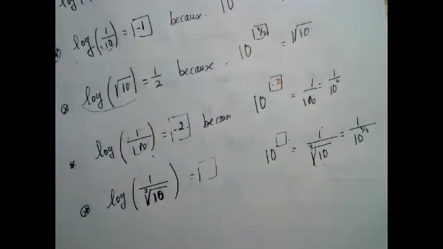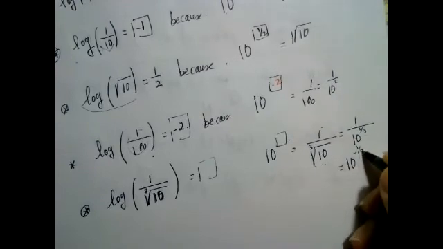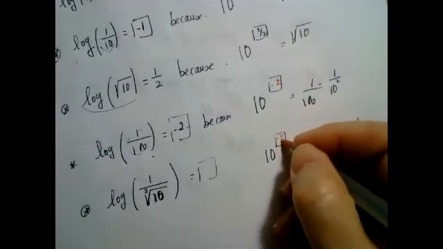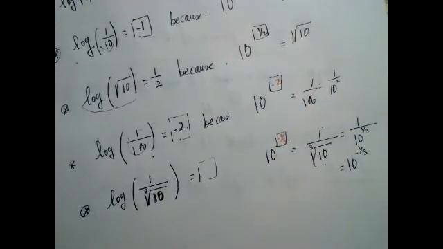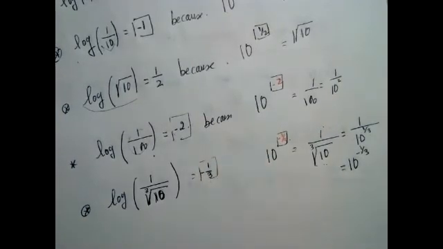That's the cubic root of 10 when we use fractional exponent. So now 1 over 10 to the power a third is actually 10 to the minus a third. So what should go here is minus a third. That's what should go into the box. So this is equal minus a third.